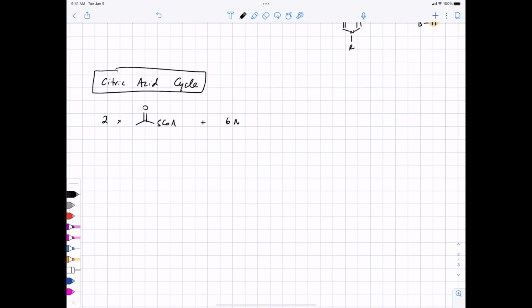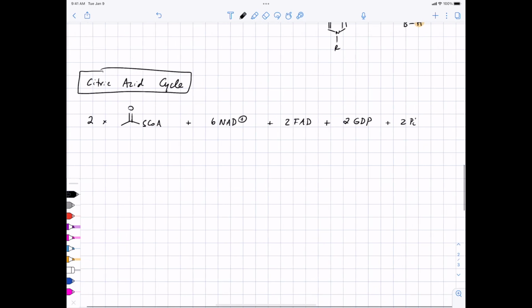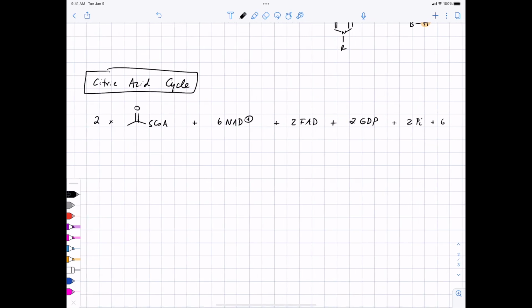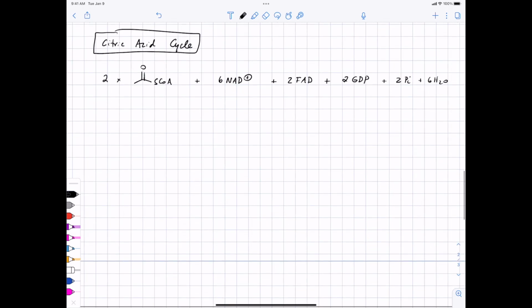So you could simplify this equation a little bit more by just doing 1 acetyl-CoA, but we'll stick with this. 2 molecules of GDP, 2 molecules of inorganic phosphate, and 6 waters because we need to account for protons.